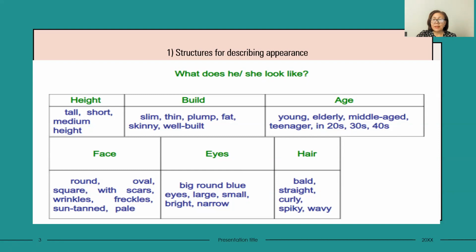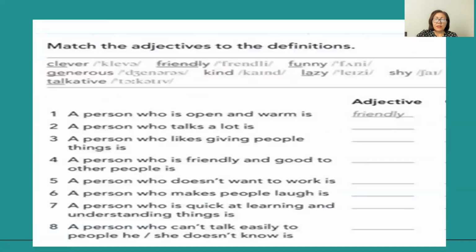For example, he has straight hair, or she has wavy hair. So let's practice the usage of adjectives for describing their appearance or personality. For example, in this example, you can see the adjectives and you need to match the adjectives to the definitions.